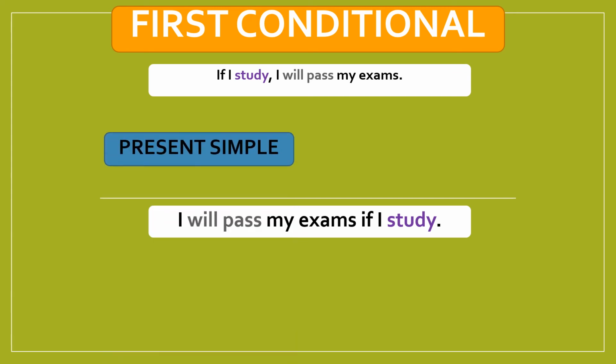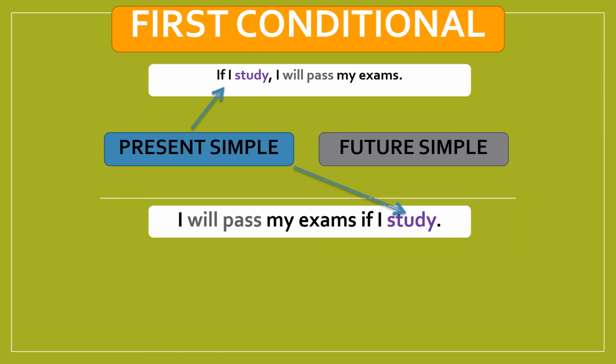Let's see how. We use present simple. Where is the present simple in the first sentence? Very good. I study. Where is it in the second sentence? The same. I study. But the location is different. What else do we use? We use the future simple. Where is the future simple in the first sentence?